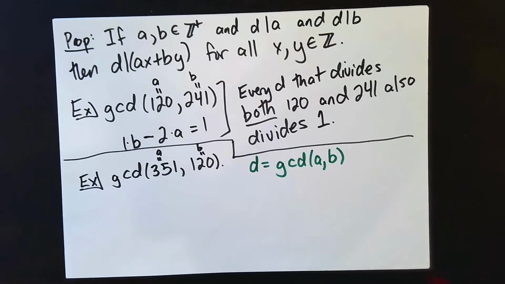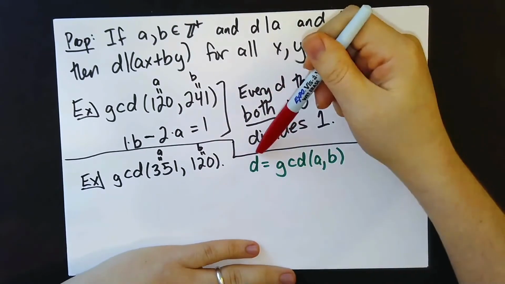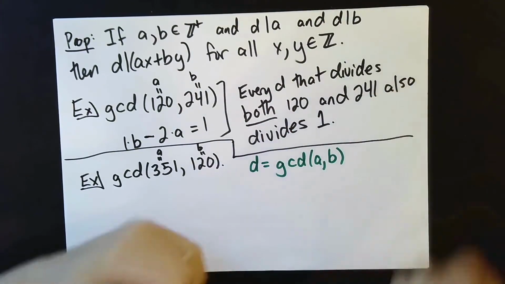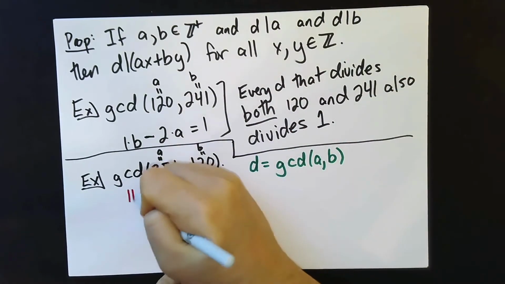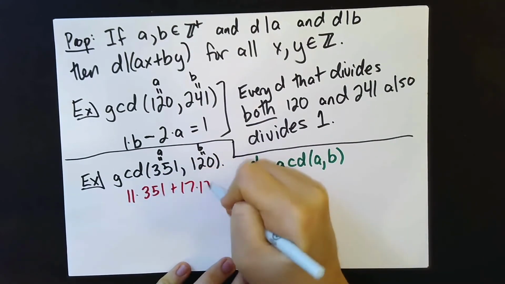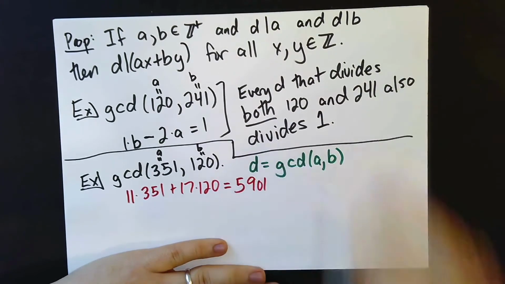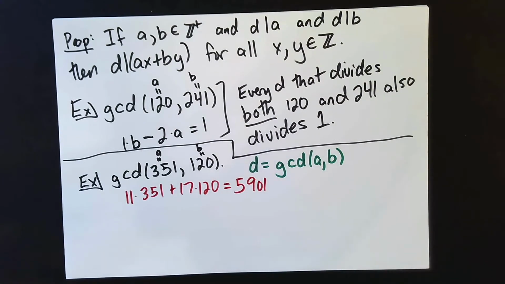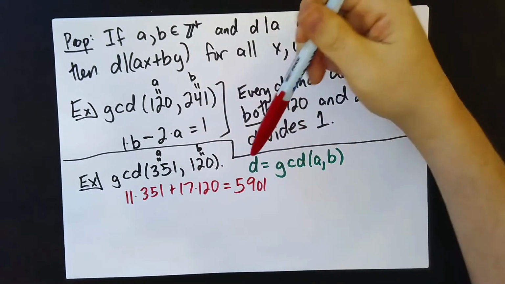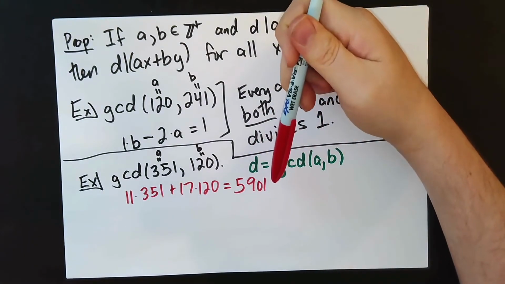So remember, any particular combination of these two numbers would also be divisible by D. So I could, for example, take 11 times 351 plus 17 times 120. If you do that, you get 5,901. And so whatever the GCD of A and B is, it also divides 5,901.